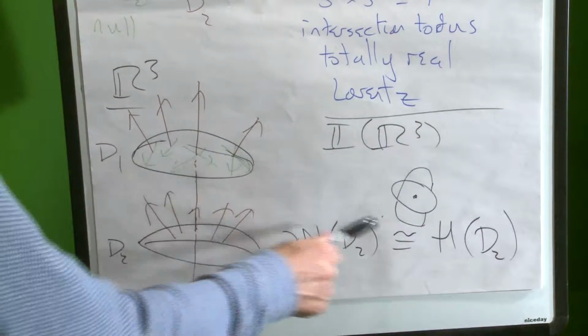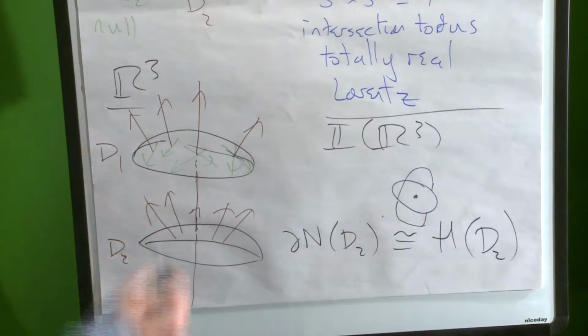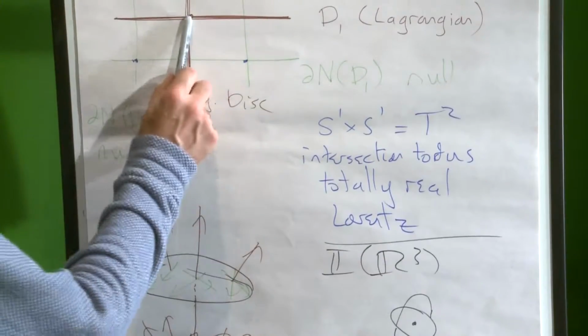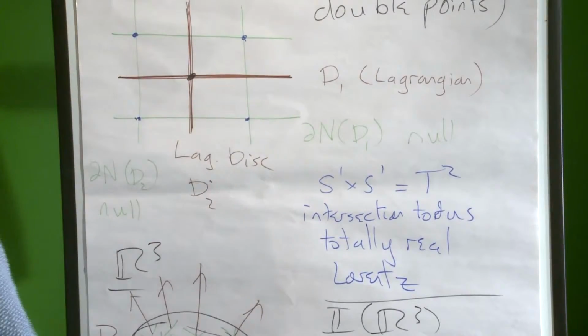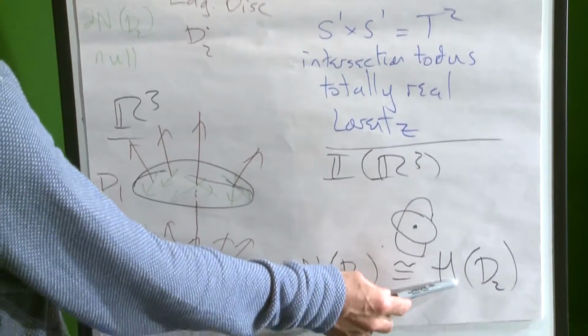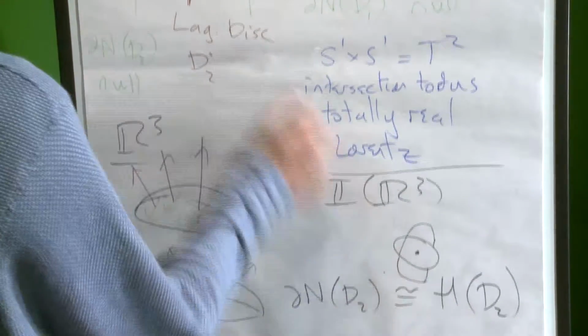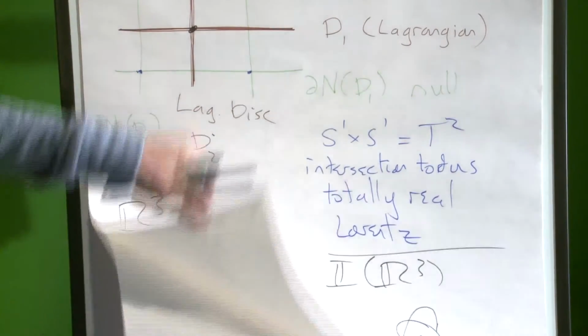It's exactly the hypersurface that we had studied in the earlier part. So here we have these Lagrangian disks, Lagrangian because they're perpendicular to lines. Then we have these normal neighborhoods. The boundaries of these normal neighborhoods are precisely these hypersurfaces that we constructed in the second section. And now we want to know, what about the intersection of the boundaries of the two normal neighborhoods?